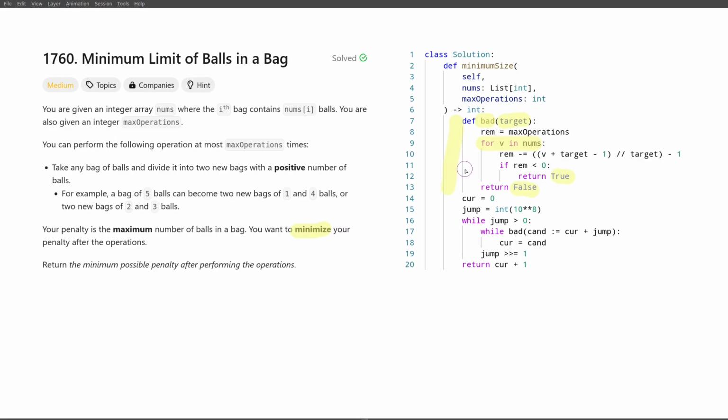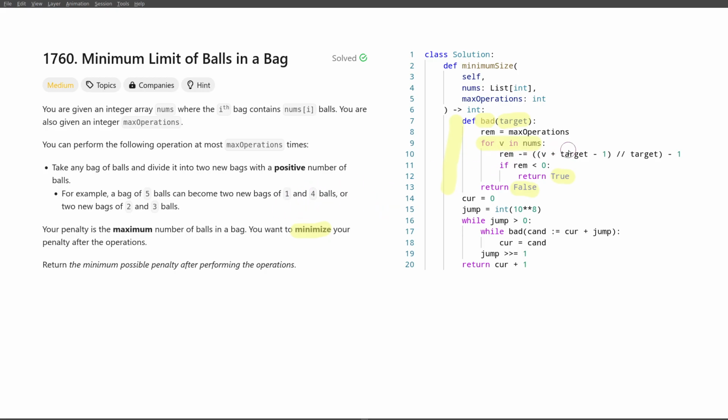Essentially, we know that after we split in an optimal fashion, we will have the number of bags times the maximum value within any of those bags. This is the bound on what the number of balls in the original bag could be.